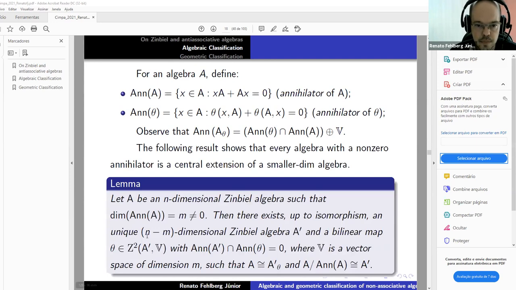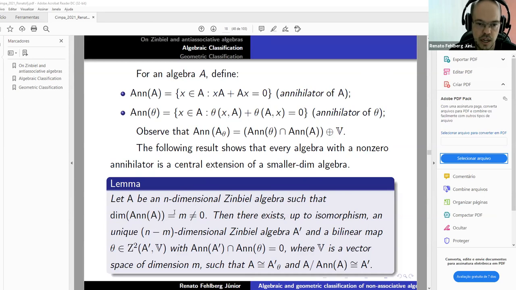And here we have this important result that says that every algebra with a non-zero annihilator is a central extension of a smaller dimensional algebra.